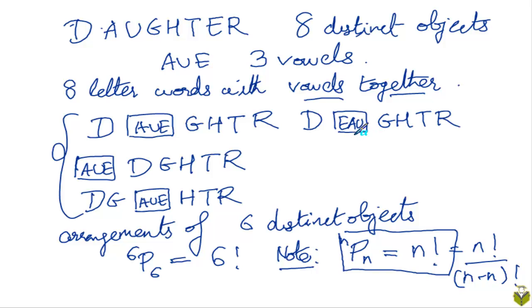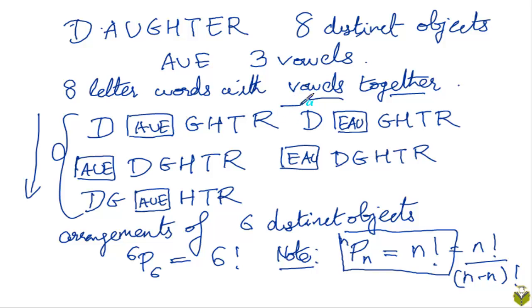So there's no reason to have A as the first one, and here also I can have E as the first one. So within this one block of vowels together, you still have arrangements. So AUE, EAU, or UAE, these arrangements are also possible, right? So we have to consider both this sequence, considering them as one object, and also moving around the objects within these vowels.